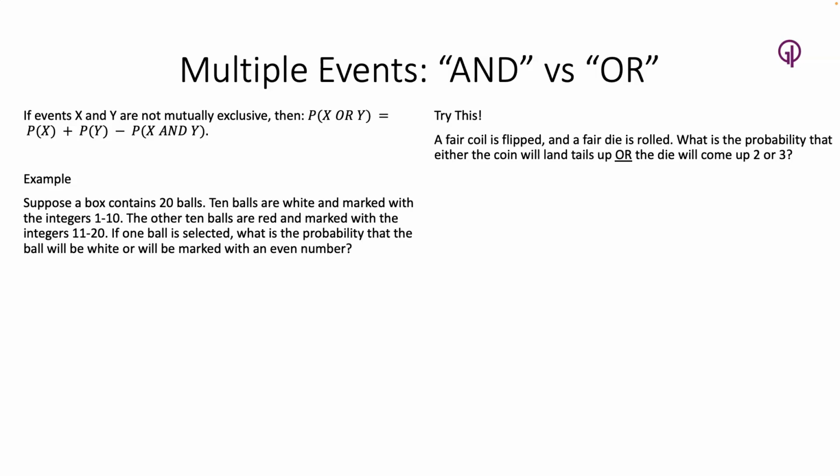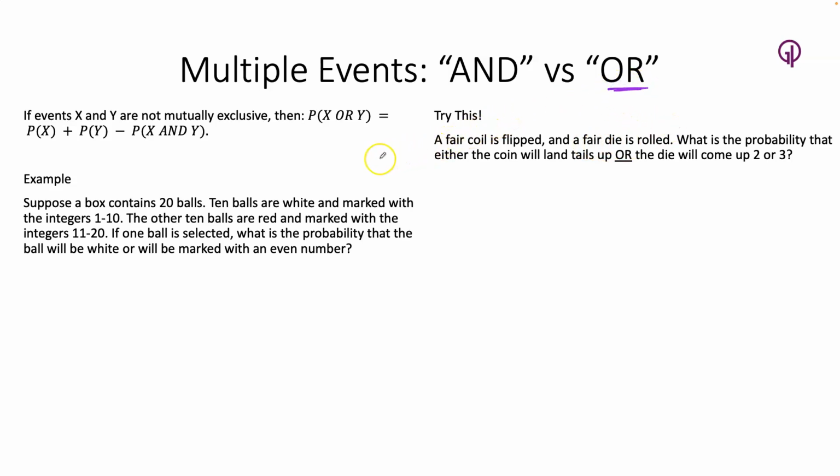Now note that under all probabilities, up until now, we have assumed that the events are mutually exclusive, meaning that both events cannot occur. Now, what happens if the events are not mutually exclusive, meaning they can both occur, but it still falls under an OR problem?